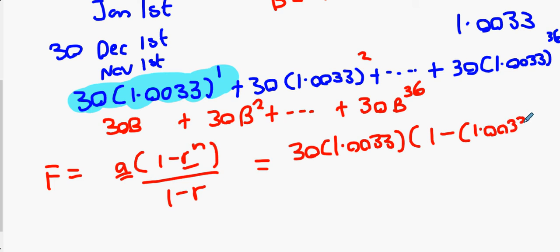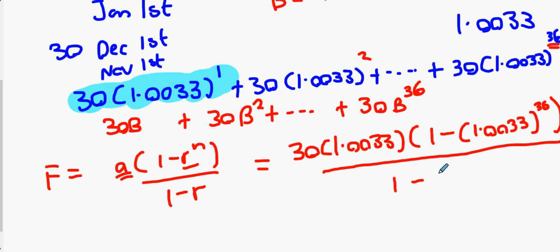To the power of? How many months are they there for? 36. All divided by what? 1 minus 1.0033. That's rounded off to 2 decimal places as well, isn't it?